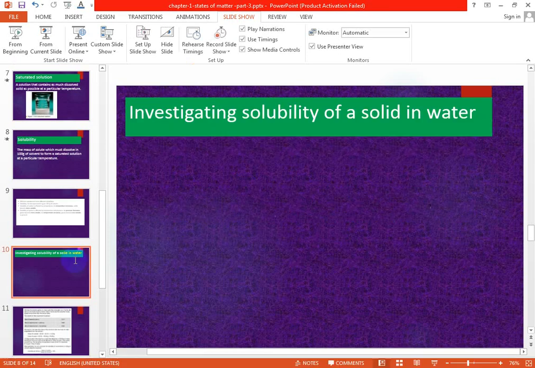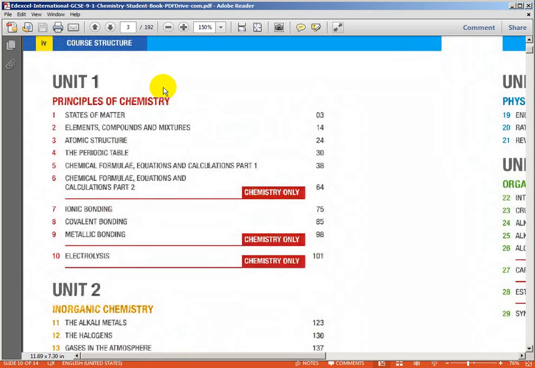Okay, investigating solubility of a solid at a particular temperature.